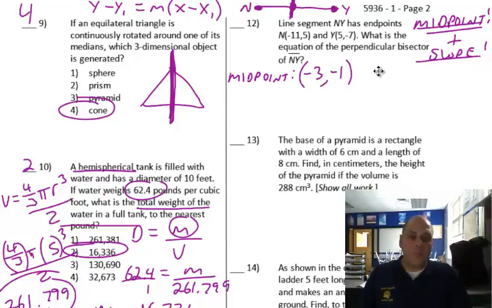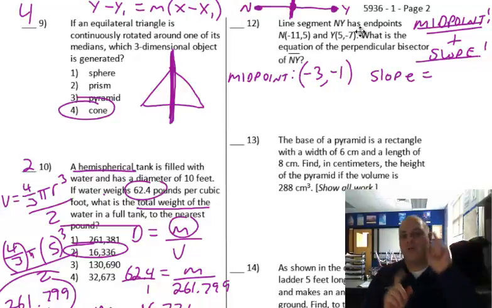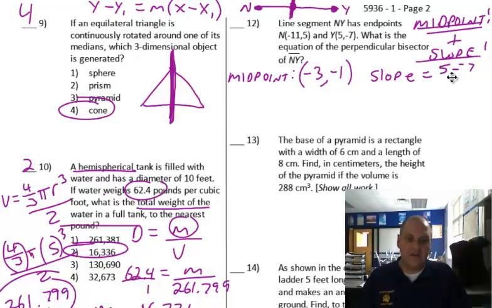The slope is going to be the rise over run, or y2 minus y1 over x2 minus x1. So it's going to be 5 minus -7 over -11 minus 5.